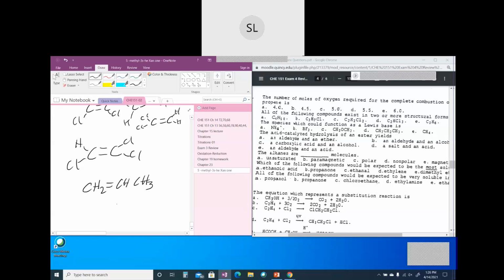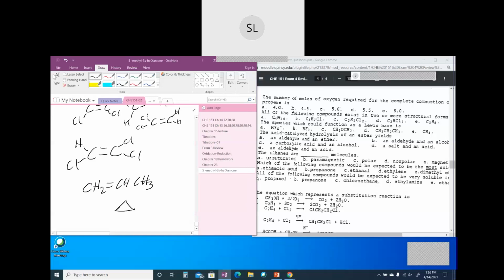Many people will pick C3H6 because there is no other alkene that can be written as C3H6. However, there is a cycloalkane that can be written as C3H6. So D is the only one that only has the one possible structure.